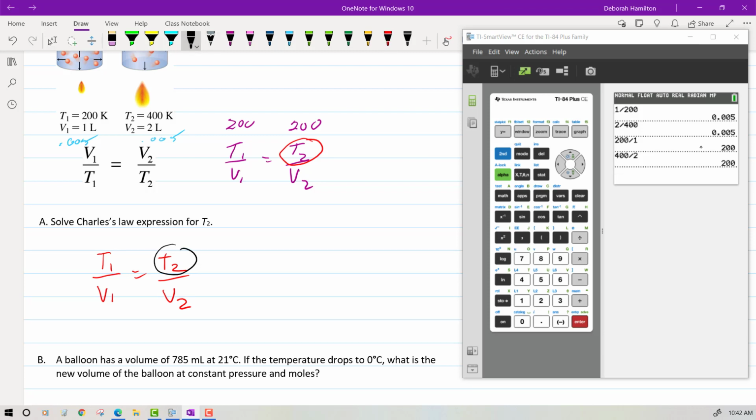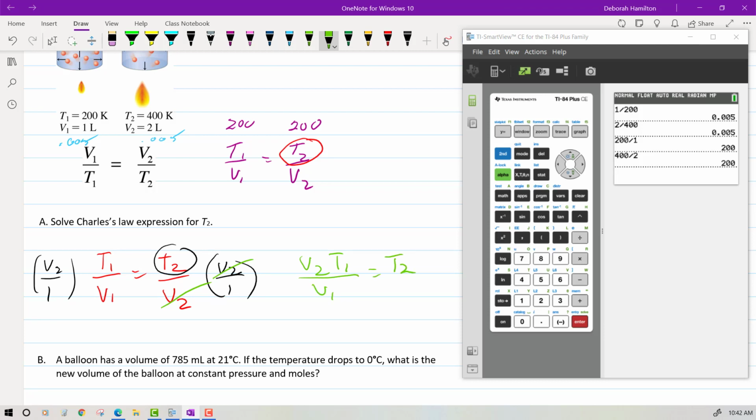This makes V2 come over to the right-hand side. We can do V2 over 1 multiplied by the inverse of what we want to get rid of. I hope you remember that from your math. And then we get T1 over V1 equals T2.